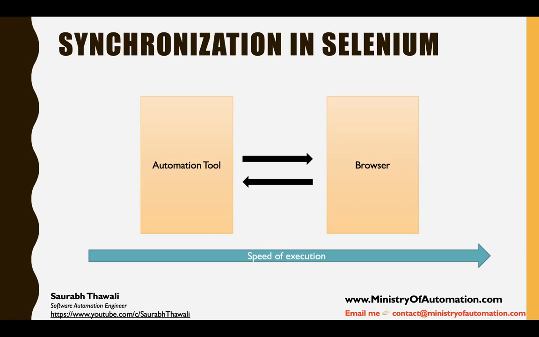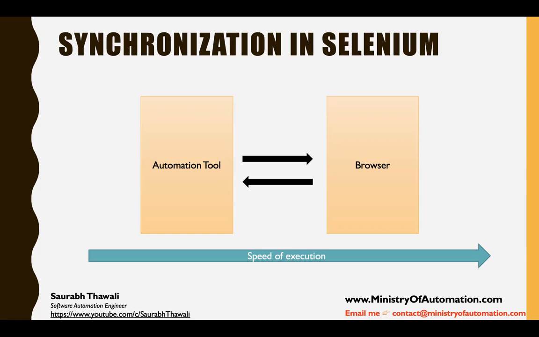So what overall we need to understand is that synchronization is needed between two parties to manage the speed of execution. The way the tool is passing an instruction, or the way the tool is receiving a response from a browser, they both may not be at the same speed, and that's the reason we need some kind of mechanism with which we'll be able to control both of them.